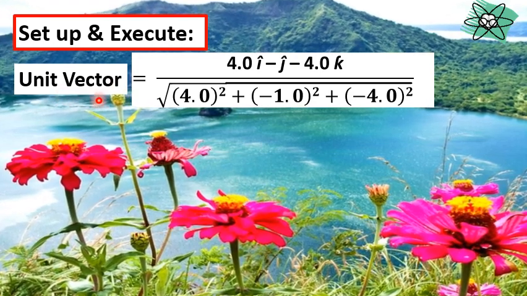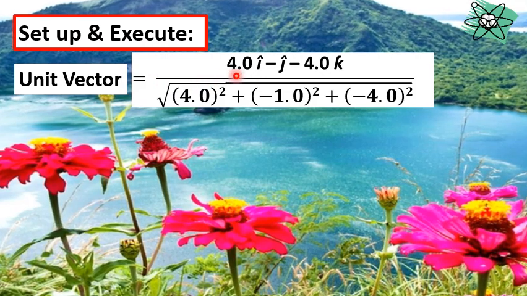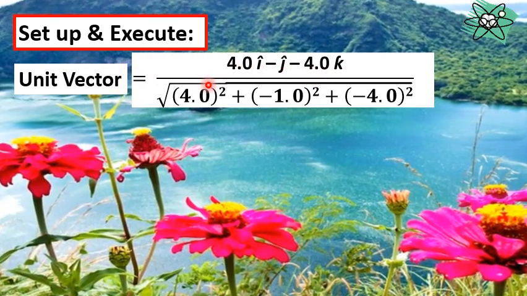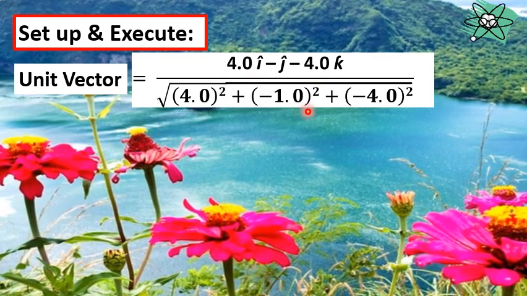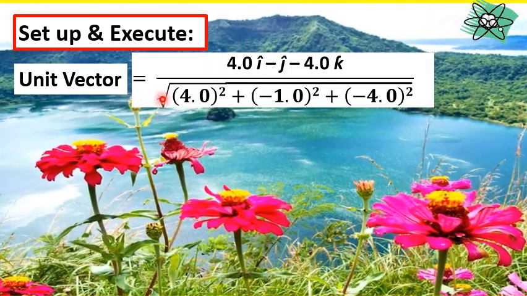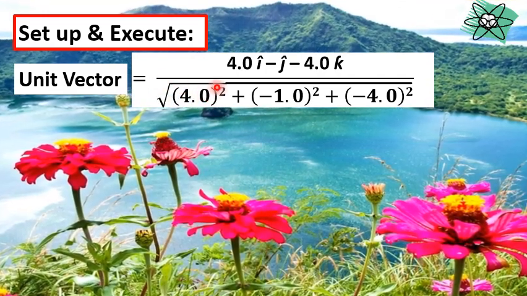Alright, so our unit vector is expressed as 4.0i minus j minus 4.0k divided by the magnitude of the given vector, and that is equal to square root of 4.0 squared.